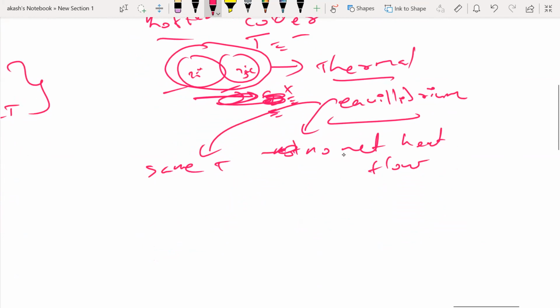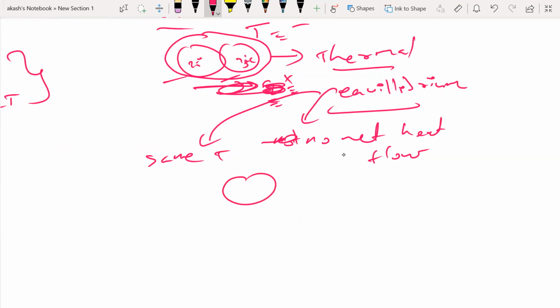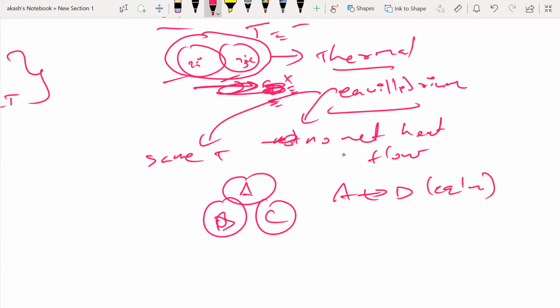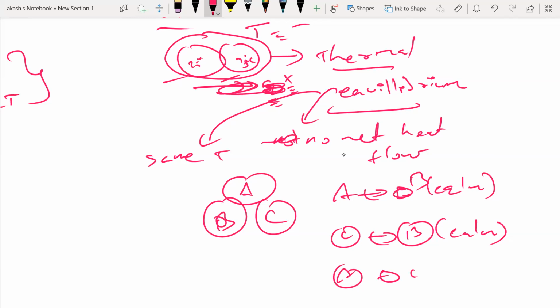Now it's very simple to understand. We have 3 bodies, A, B, and C. If A and B are in equilibrium separately, and C and B are in equilibrium, then it is understood that A and C are also going to be in thermal equilibrium with each other.